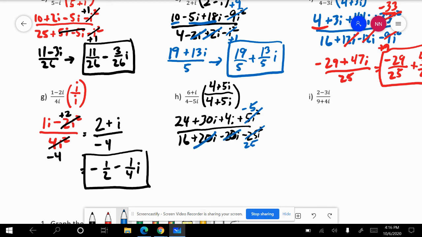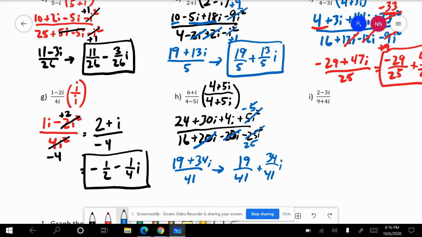Middle terms cancel. Our denominator is 41. Our numerator gives us 19 and 34i. We're going to write it in standard form, 19 over 41 plus 34 over 41i.